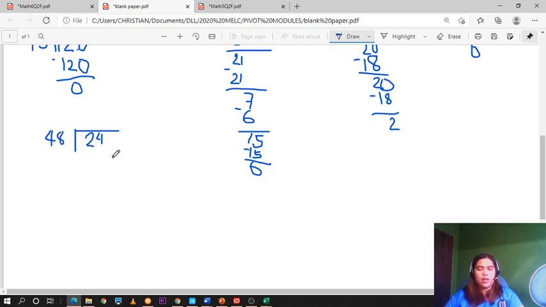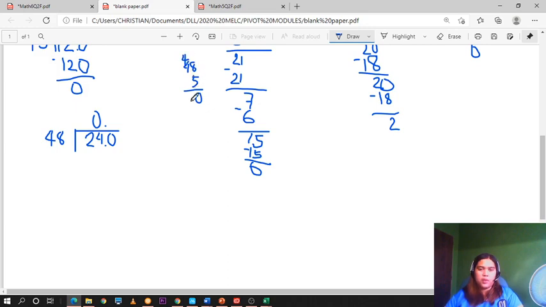And since mas malaki uli ang ating divisor, mag-a-add tayo ng decimal point and 0. Okay, so hindi pwede sa 24. So, sa 240, how many 48s are there in 240? So, try natin ang 5. So, 8 times 5 is 40.